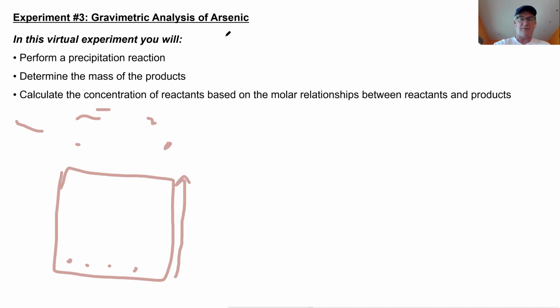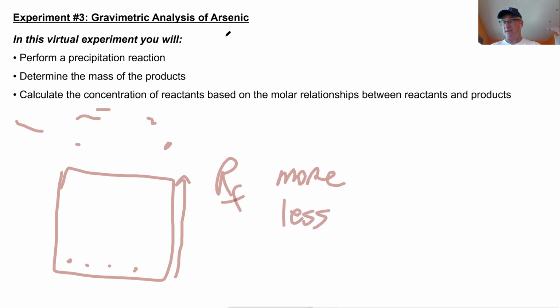So how does that affect the retention factor? If I let this go for an hour after the solvent reaches the top, is my retention factor going to be more or less than if I had stopped it earlier? That's basically the first question.